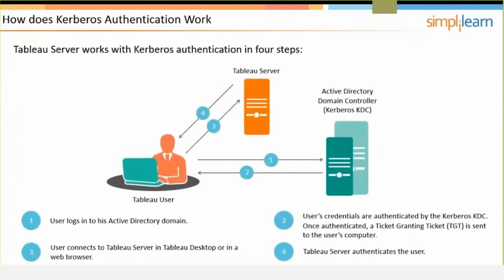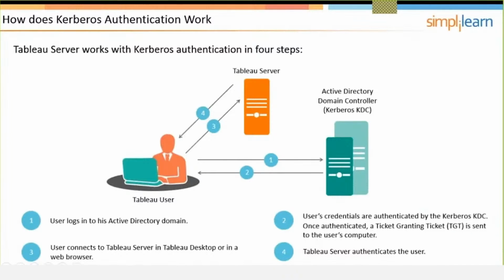Now, how this works is that a mechanism of mutual authentication between the client and the server is provided with Kerberos authentication. So when the user logs into the directory, it directly asks for the credentials which are authenticated by Kerberos. Once this is authenticated, a ticket is generated and sent to the user's computer.